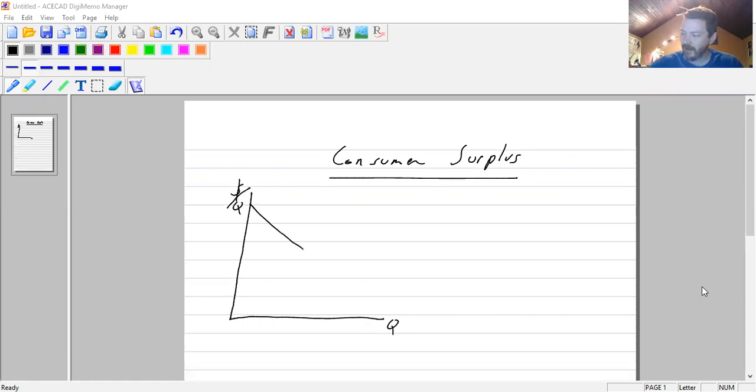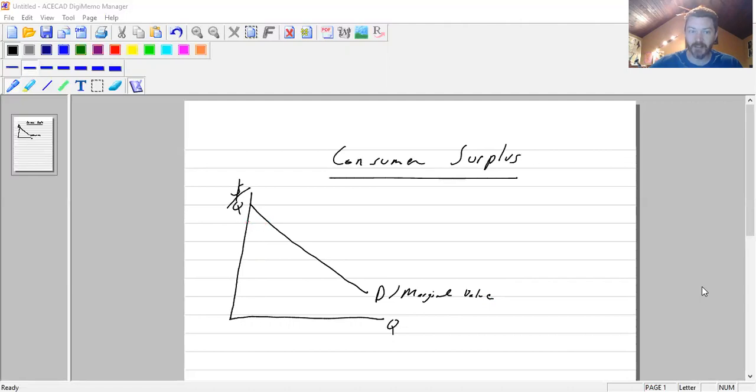Just think back to the demand curve. And remember, the key here is remembering that demand is the same thing as marginal value. For this first unit of a good, the additional value, the additional well-being that a consumer receives from that first unit is reflected in the height of the demand curve.